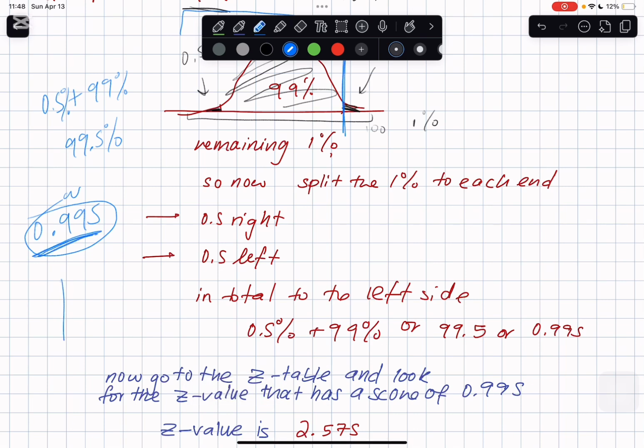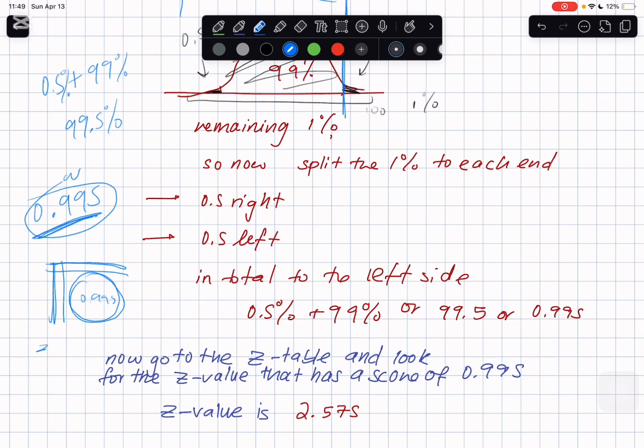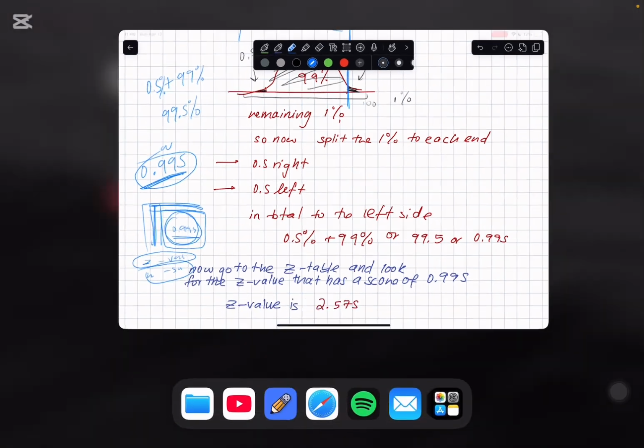We're going to look inside the table for 0.995 and then look for the value which corresponds to it. When I say whatever score, I mean inside the table here. So I'm looking for the Z value that gives me the score of 0.995.